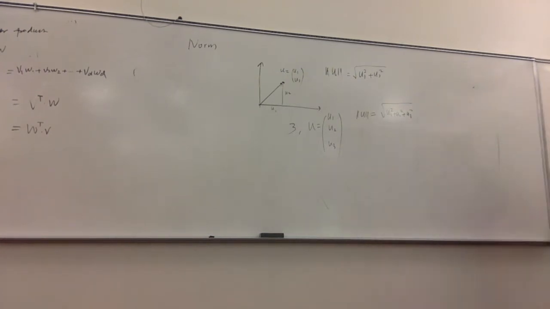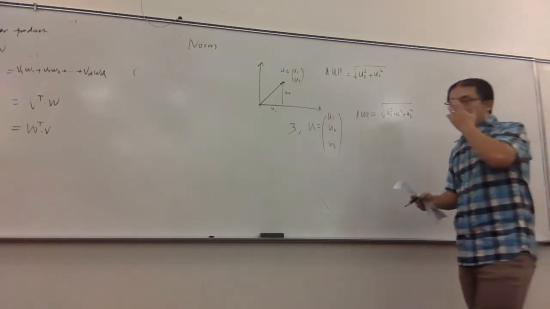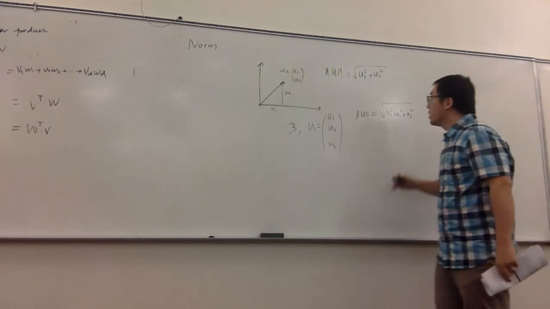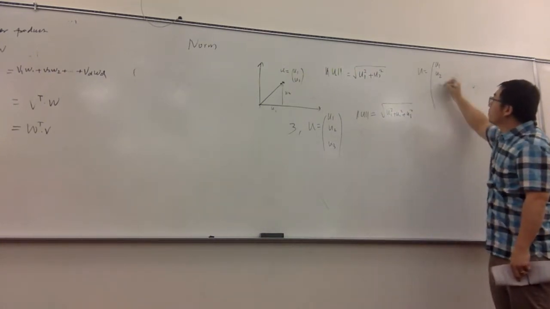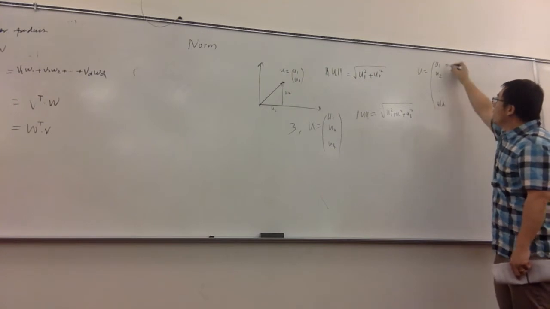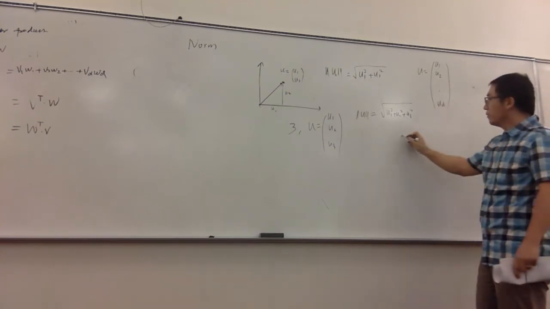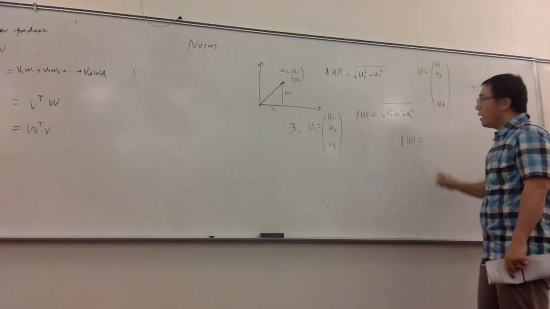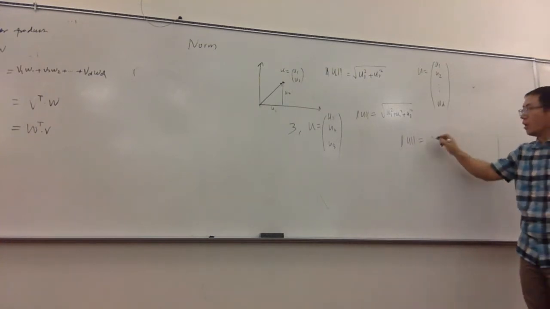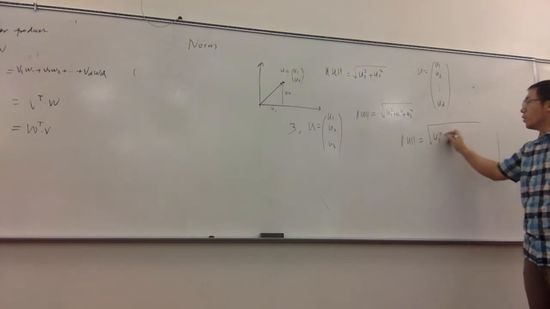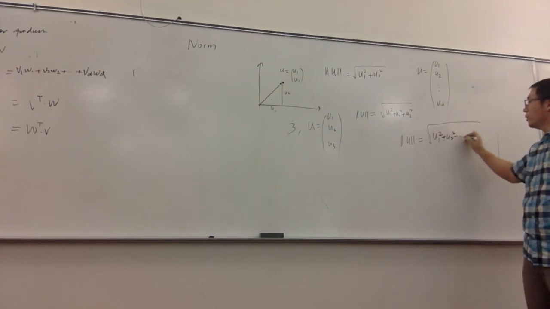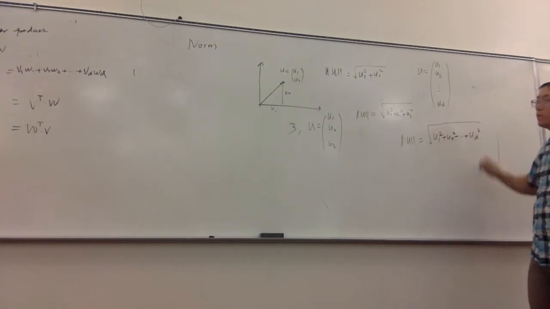So this definition actually can be extended to a d-dimensional space, arbitrary dimensional space. Suppose u is a d-dimensional vector, then we define its length. It's the square root of the square summation of each element. So it's u1 square plus u2 square plus u3 square.